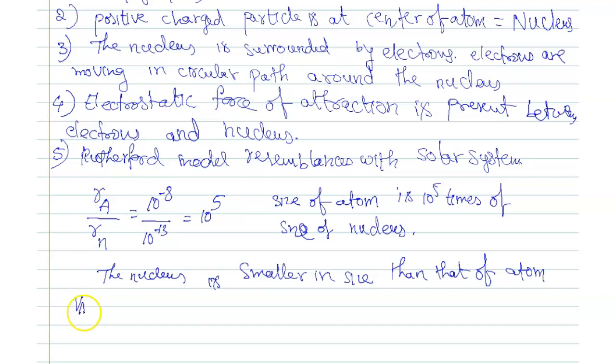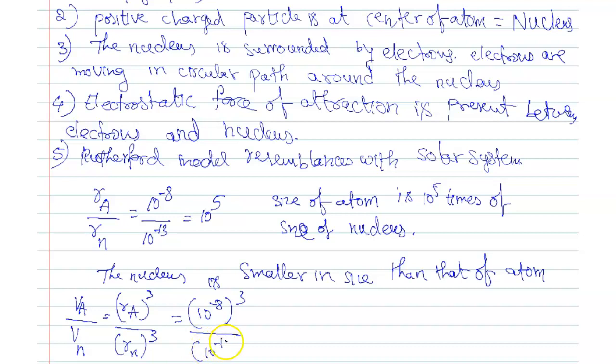Volume of atom by volume of nucleus equals radius of atom whole cube by radius of nucleus whole cube. That means 10 power minus 8 whole cube by 10 power minus 13 whole cube. So 10 power minus 24 by 10 power minus 39. After cancellation, 10 power 15. That means the volume of the atom is 10 power 15 times the volume of the nucleus.